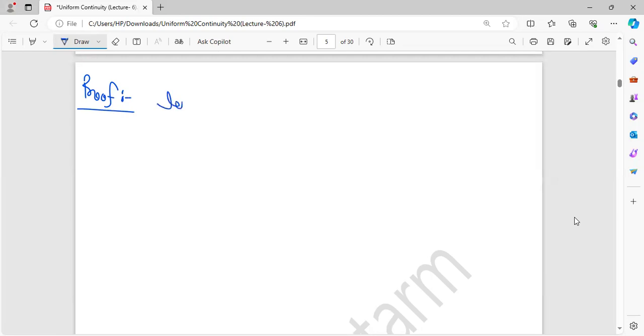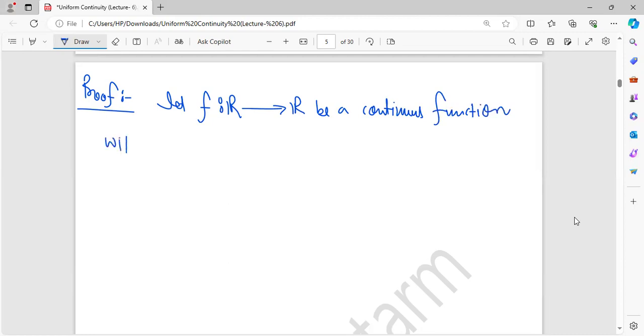So let f: R to R be a continuous function with period T greater than 0. Now what does it mean?